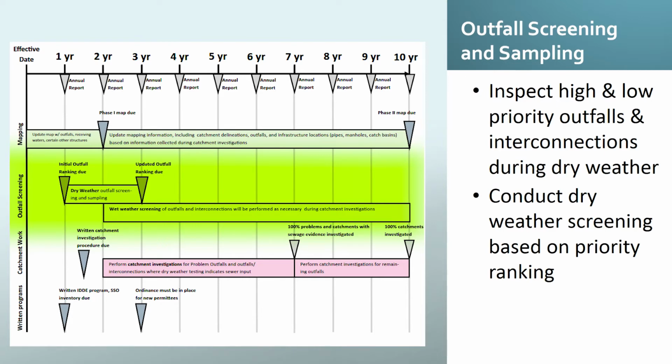An example screening and sampling protocol can be found on EPA's website. Refer to the references listed for Module 3 for a link to the example protocol. Dry weather outfall screening and sampling is to be completed during years 2 and 3, with wet weather screening occurring in years 3 through 10.